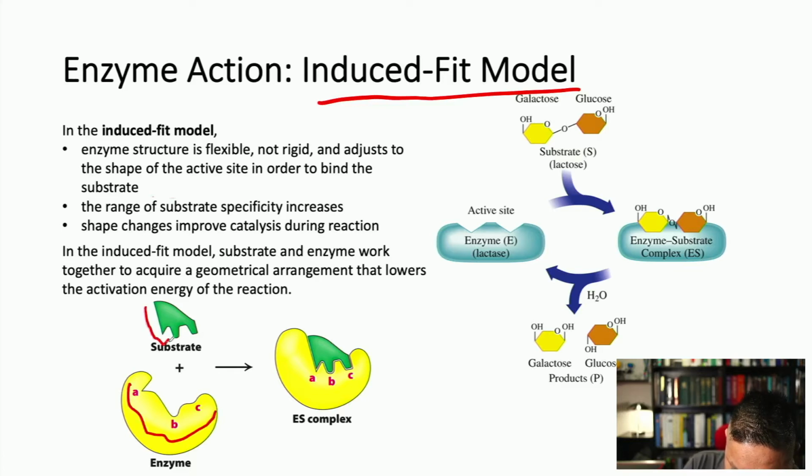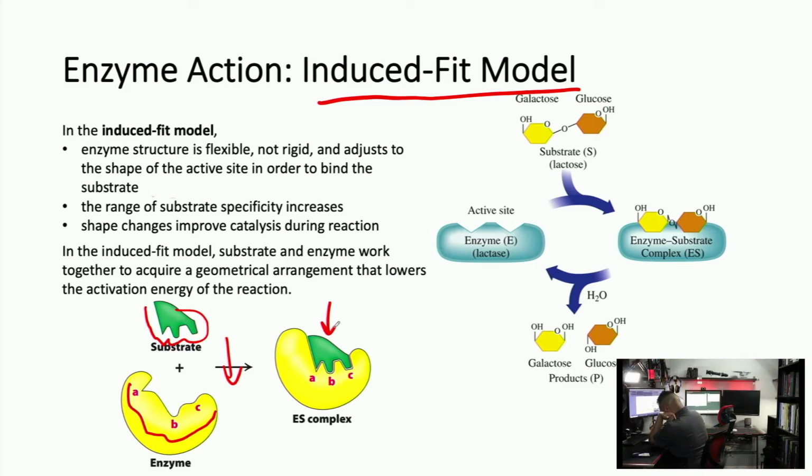But as the substrate approaches, it will induce the enzyme, through different non-covalent interactions, to take a shape that will fit the substrate. And this particular model is way more accepted.